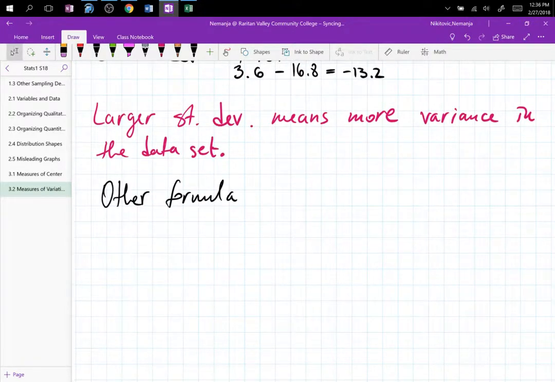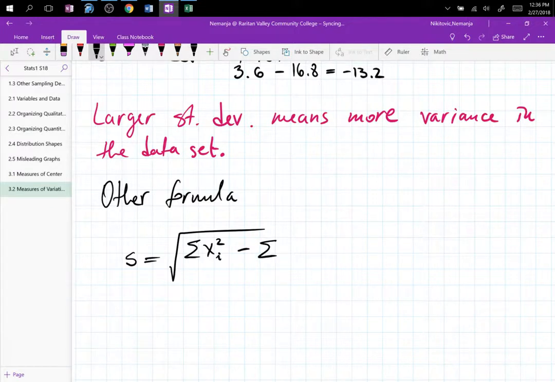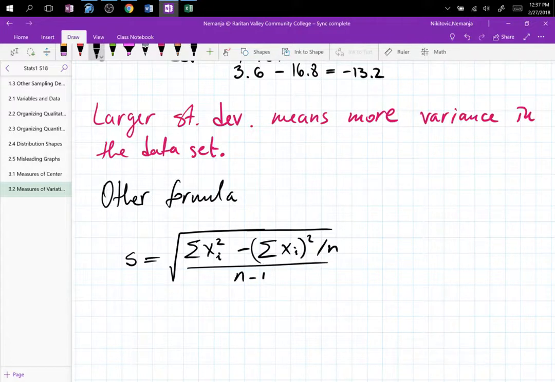But it has more squaring, so I don't like it as much. The other formula says that S is equal to the square root of the sum of all xi's squared minus the sum of all xi's, everything squared, divided by n, all divided by n minus 1.